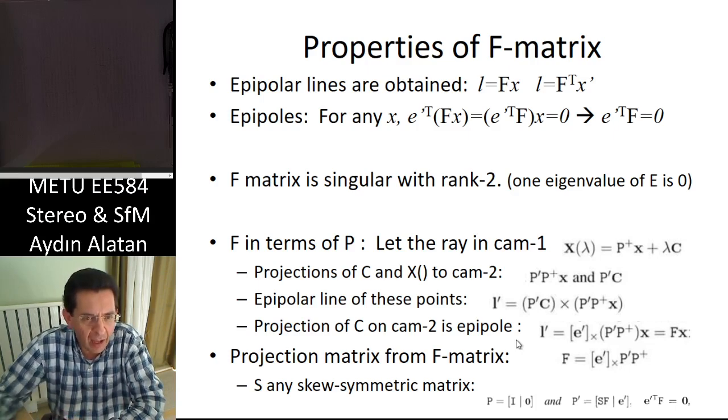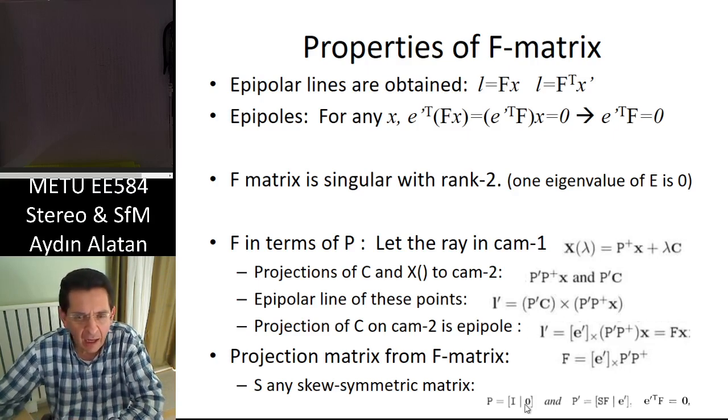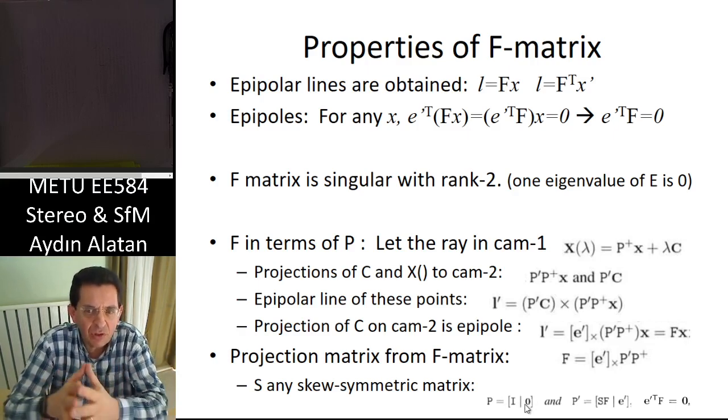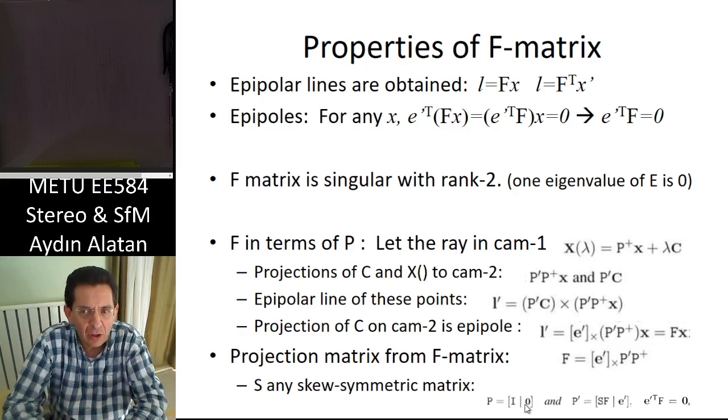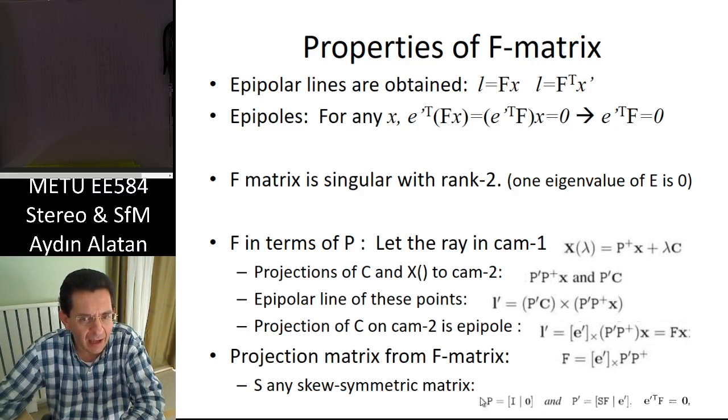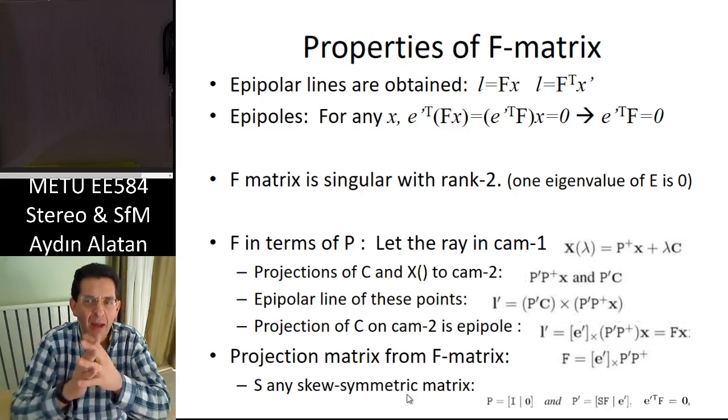But we also understand, in the last point here, I can obtain a projection matrix using some canonical form like identity and zero. The world coordinate system is one of the camera coordinate systems, and the other camera's projection matrix is written in terms of an F matrix, the epipole, and an arbitrary skew symmetric matrix.